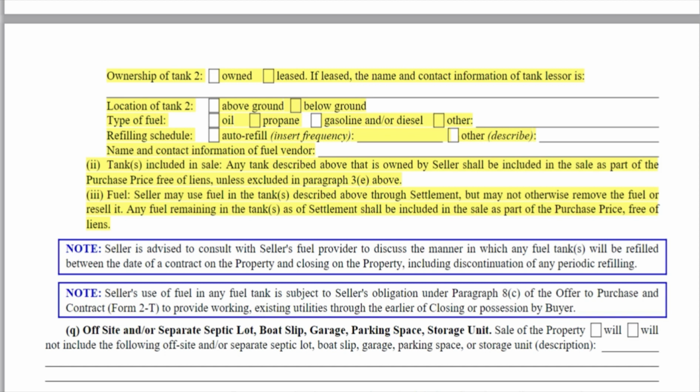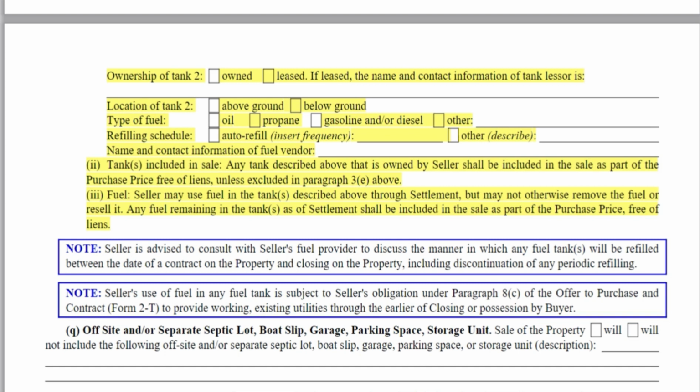Number 3, this is about the fuel. The seller may use the fuel in the tank described above through settlement, but may not otherwise remove the fuel or resell it. Any fuel remaining in the tank as of settlement shall be included in the sale as part of the purchase price, free of any lien.